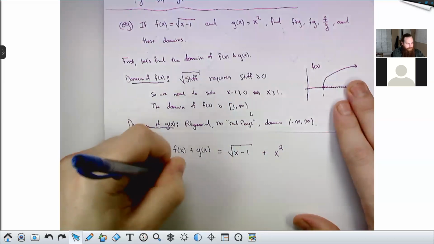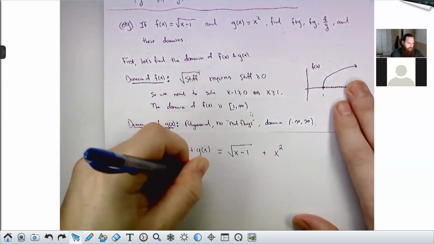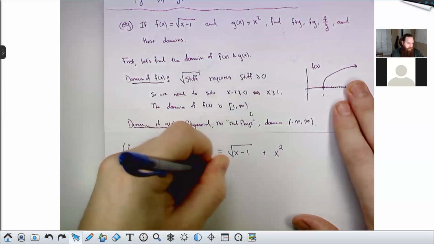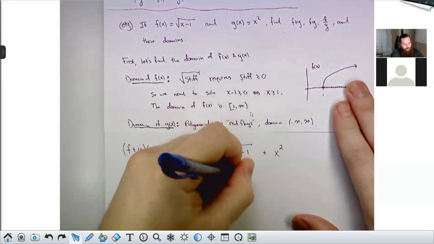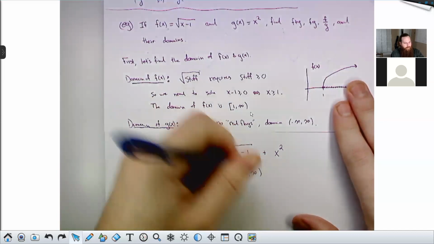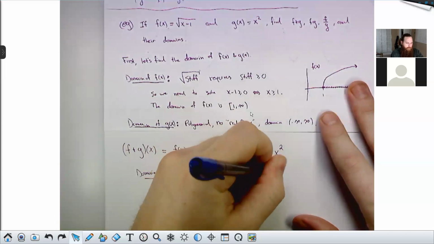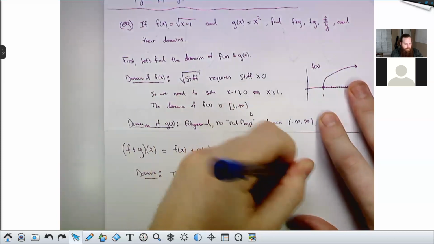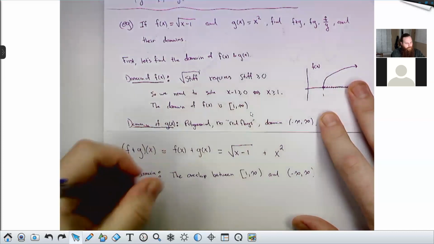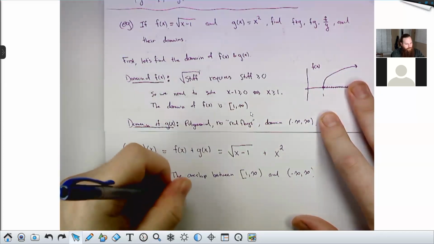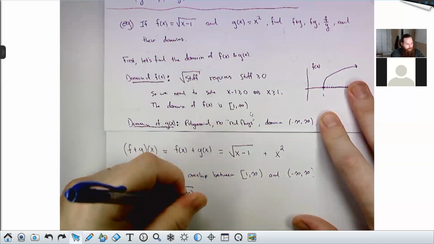It's the overlap between the interval from 1 to infinity, closed on the left, and the interval from negative infinity to infinity, which is just 1 to infinity. So this would be my domain here.